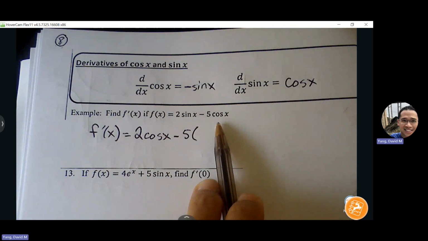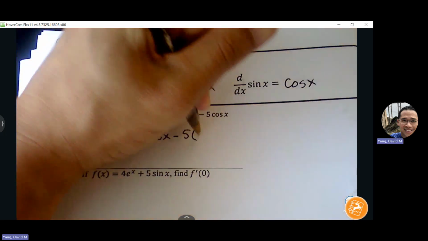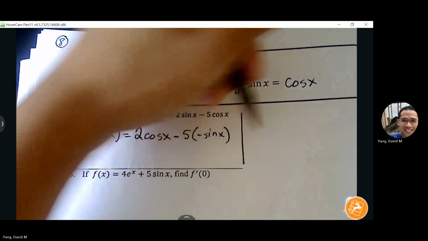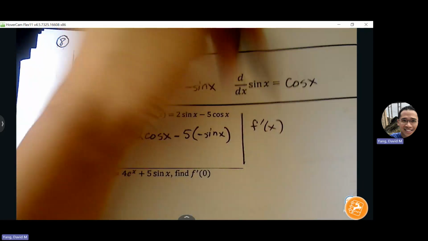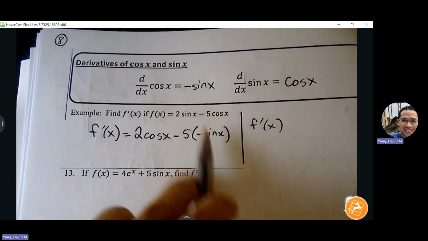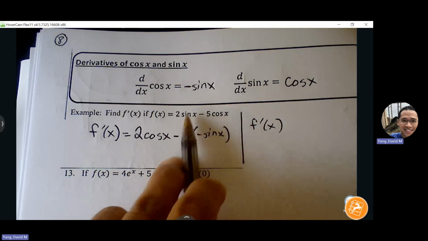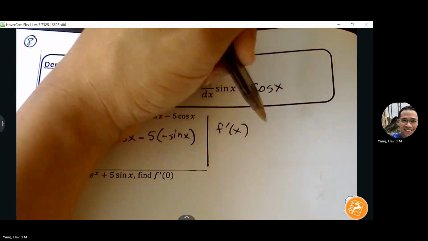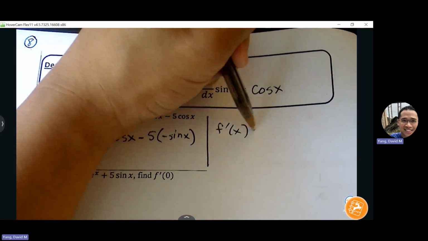Cosine's derivative is negative sine. So just be careful. We have to keep track of those double negatives there. So whatever this graph looks like, this derivative is going to do the job of telling us how the slope is changing at every moment, or what the slope value is at every x value.